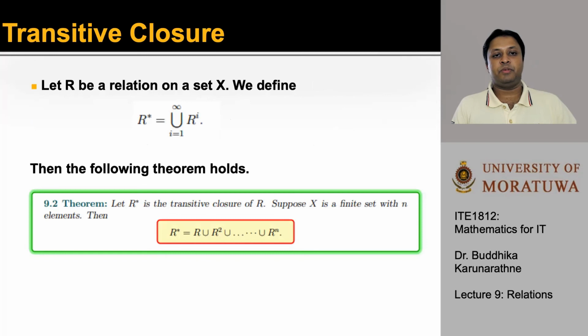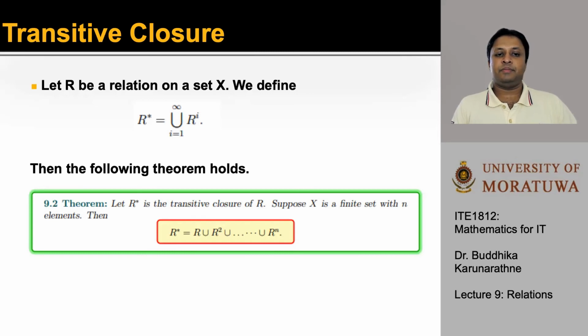So the transitive property, of course. Let R be a relation on a set X. We define R star to be the union of all the R to the power i. There's a theorem connected to this.